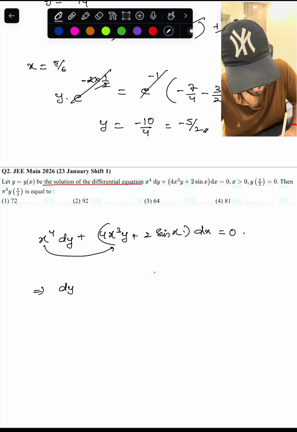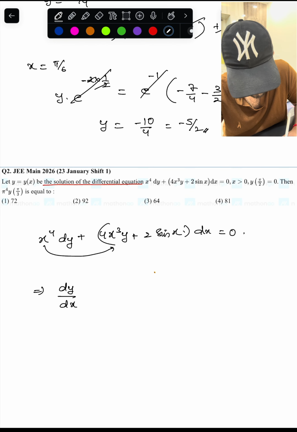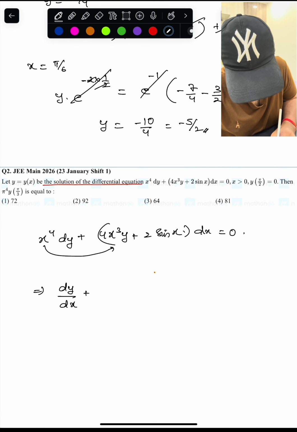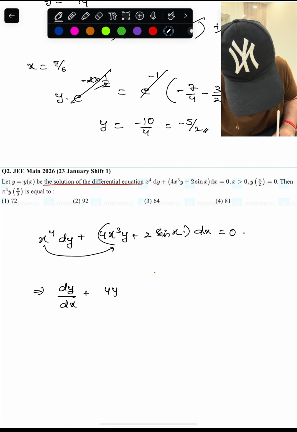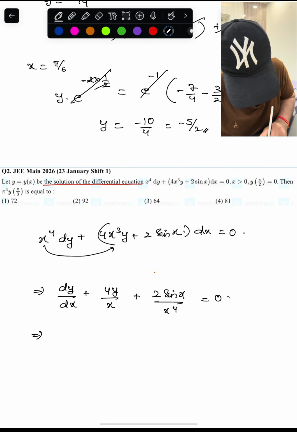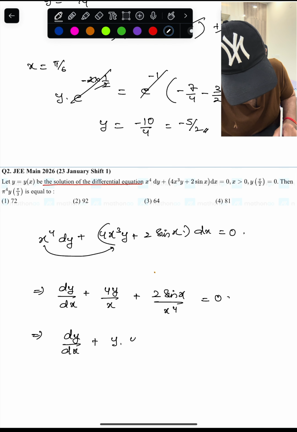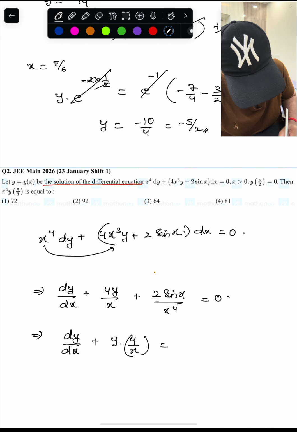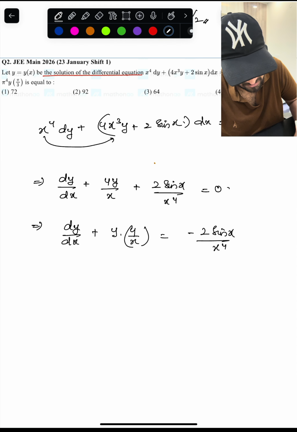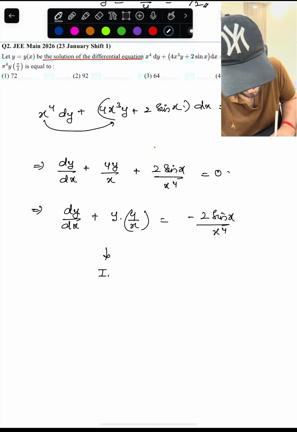Which will give dy by dx plus 4y by x plus 2 sin x by x power 4 equals 0. So now it's clearly converted into a linear differential equation. So dy by dx plus 4 by x times y equals minus 2 sin x by x power 4. That's it.